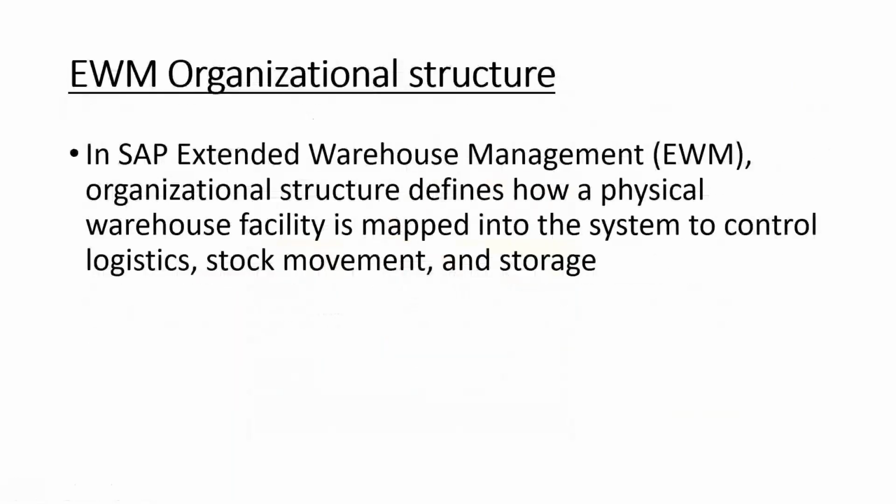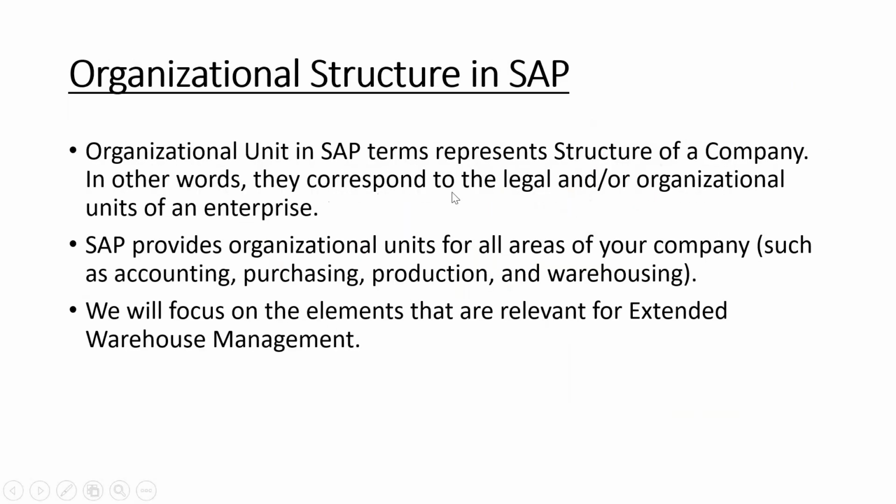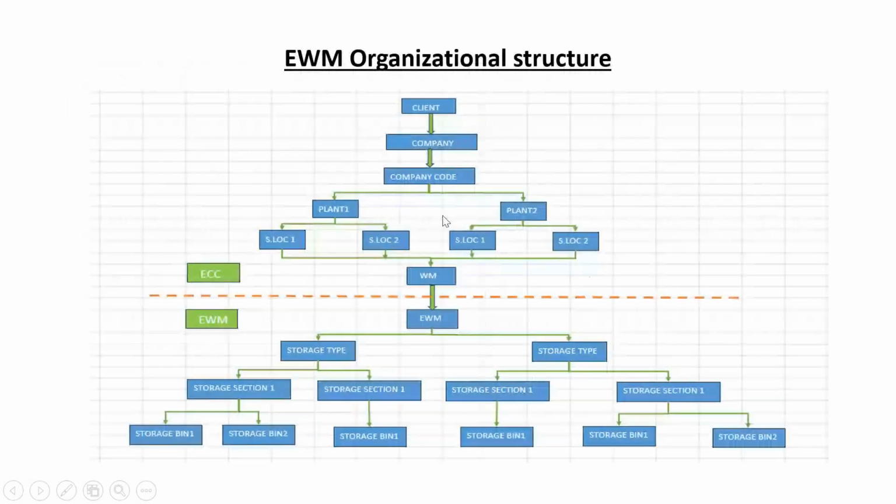We map different modules together. I understand we need to map that location, but these three options, client, company code and the third, do they come under EWM or only ECC? These come under ECC. Why and all, we will discuss in the coming session when we map directly in the system.